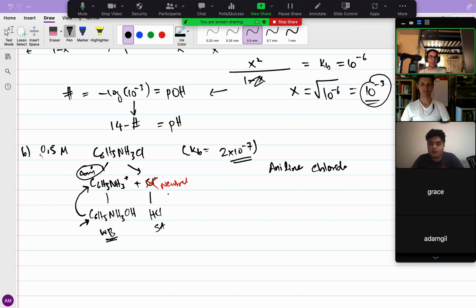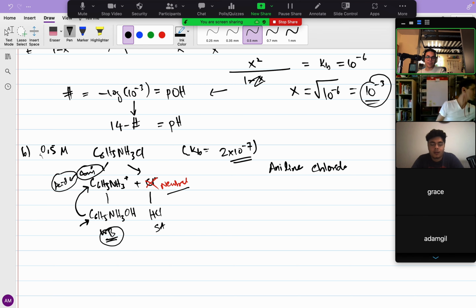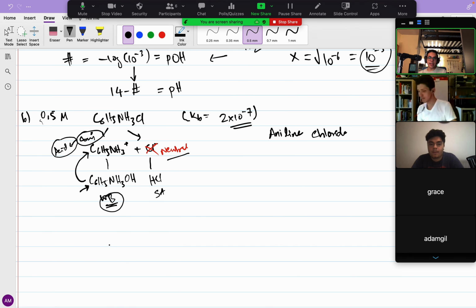Before, we said the C6H5NH3 plus was the conjugate acid. Acid, yes. Since this is a weak base, that's got to be the acid. And if you haven't figured that out, no worries, because when you write down the reaction, you should see it.